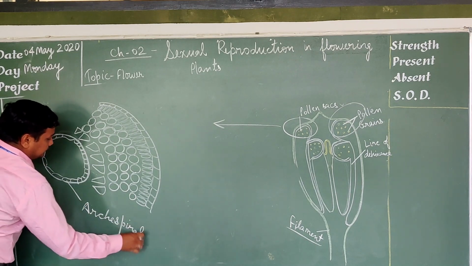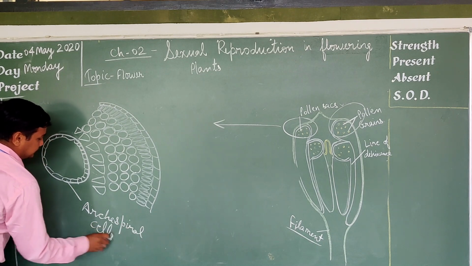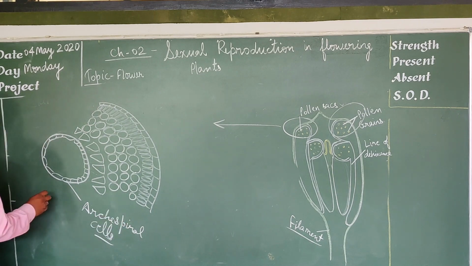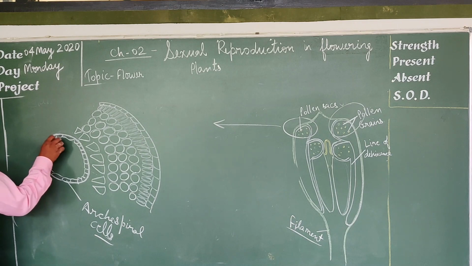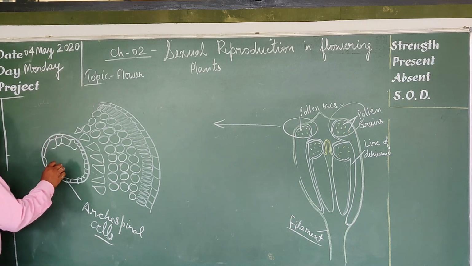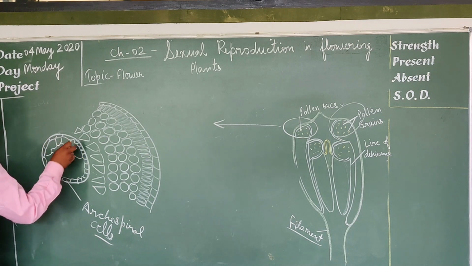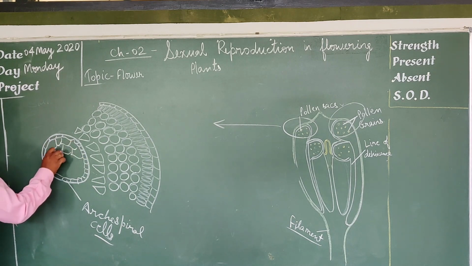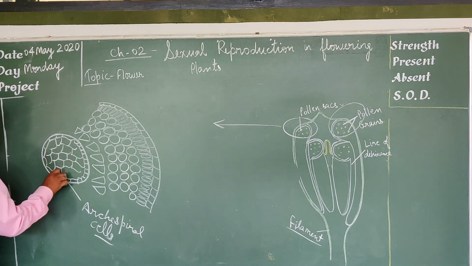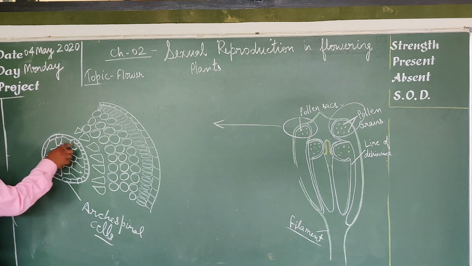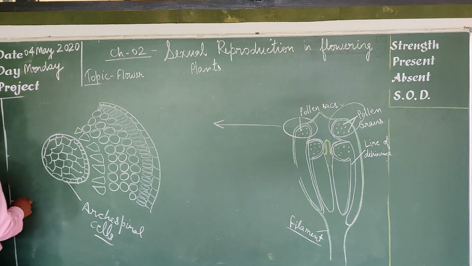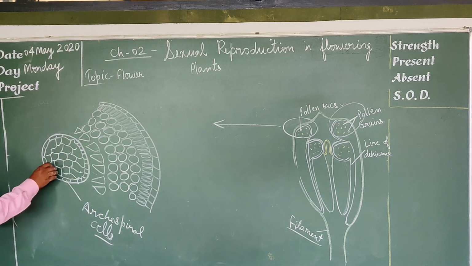Inside, there is a group of compactly arranged homogeneous cells, and you know that a group of cells is known as tissue. So the group of compactly arranged cells inside the pollen sac is known as sporogenous tissue.